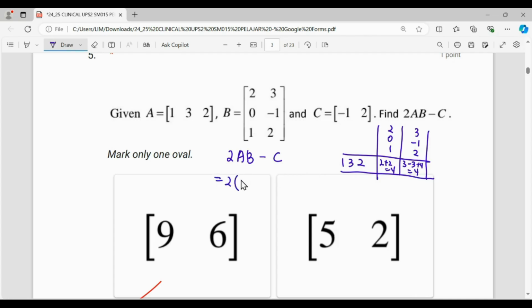So 2 times 4 is 8. Minus C, which is negative 1, 2. So 8 minus the matrix negative 1, 2 will give you 8 plus 1, 9, and 8 minus 2 is 6. So the option is A.